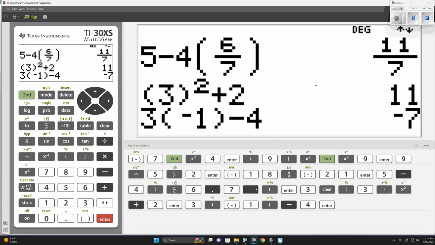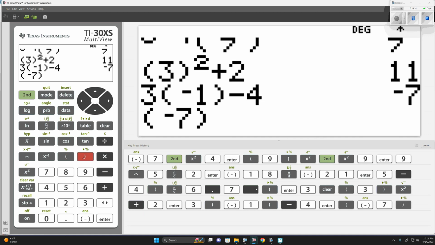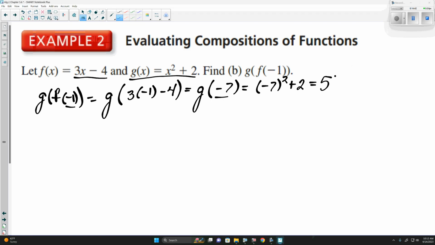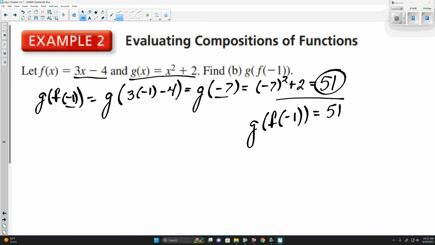We can plug this into the calculator: parentheses, negative 7, squared, plus 2, enter, is 51. So our answer for g of f of negative 1 is 51.